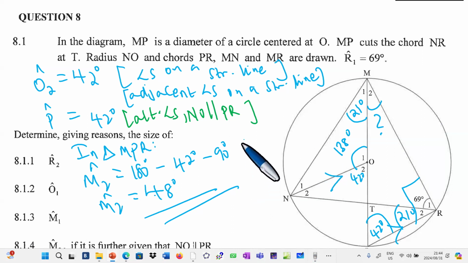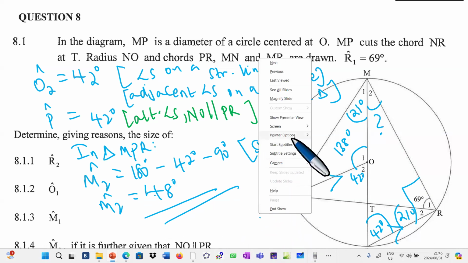And the reason for this, the fact that we're saying 180 degrees minus this, is because of the sum of angles in a triangle. That's why we have 180 degrees minus 42 minus 90. Sum of angles in triangle. There it is. Right, so that's what we get.